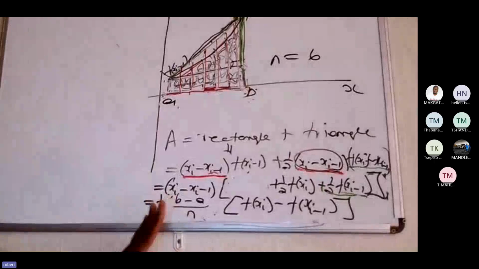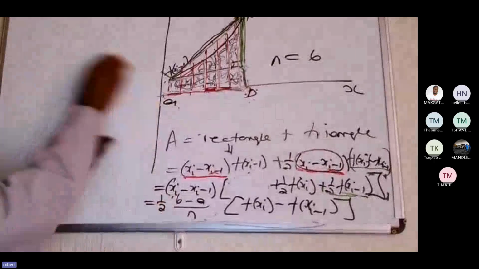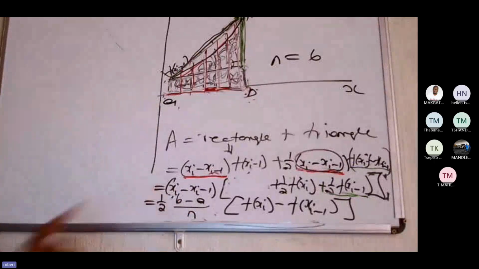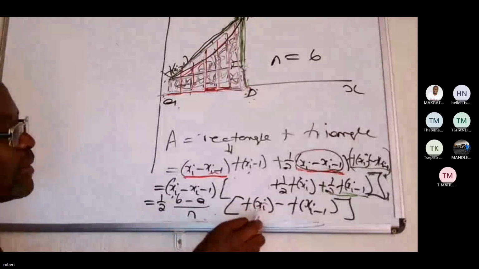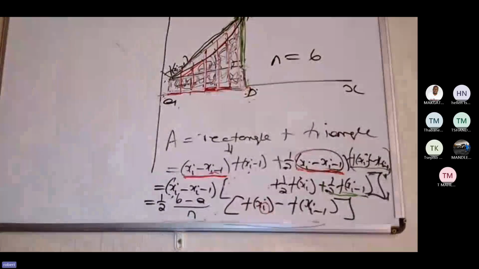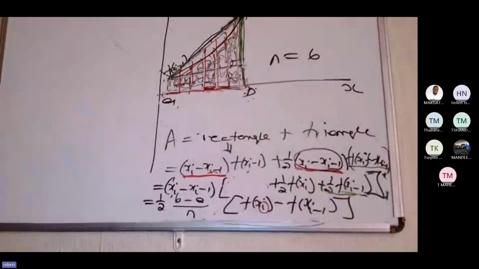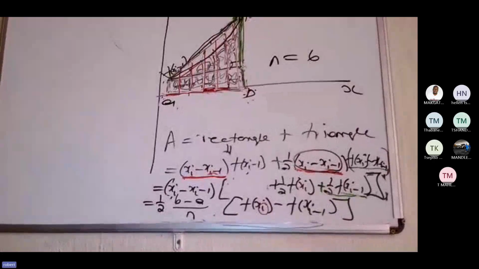Okay, now if you understand this, then we can try and expand this further. Don't forget this subscript is a counting number. It cannot be a fraction. It cannot be a negative number.